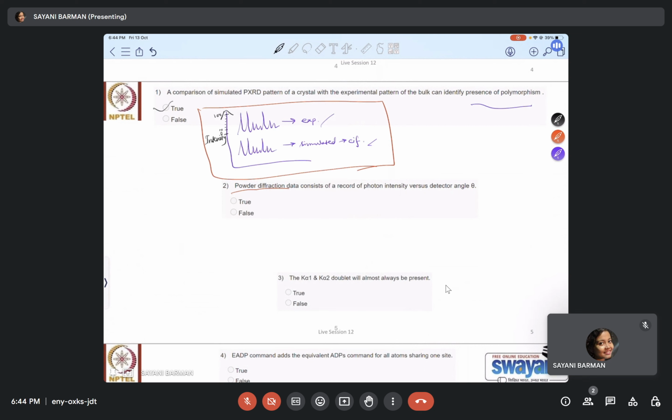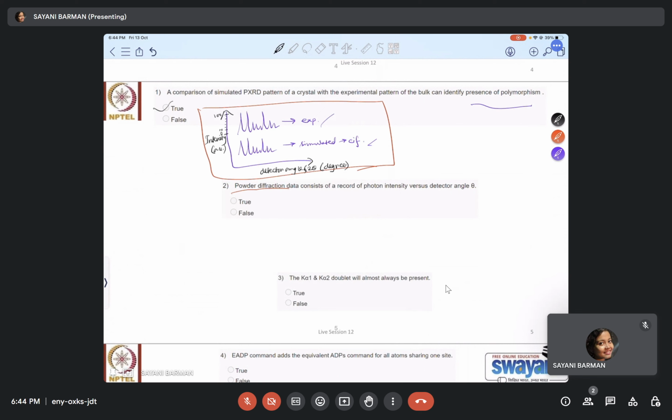Like that we put the numbering labels in the y-axis, and in the x-axis it is detector angle, but it is 2 theta, and in brackets the unit is degree, while here the unit is arbitrary unit.